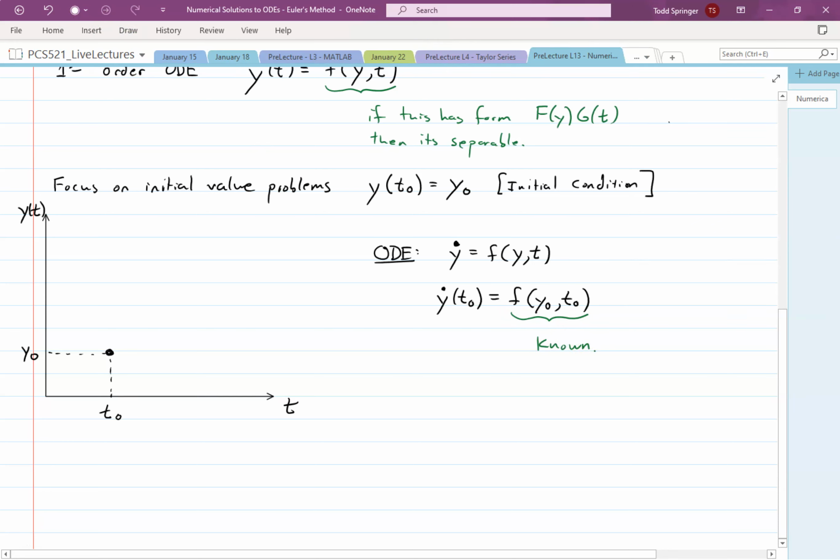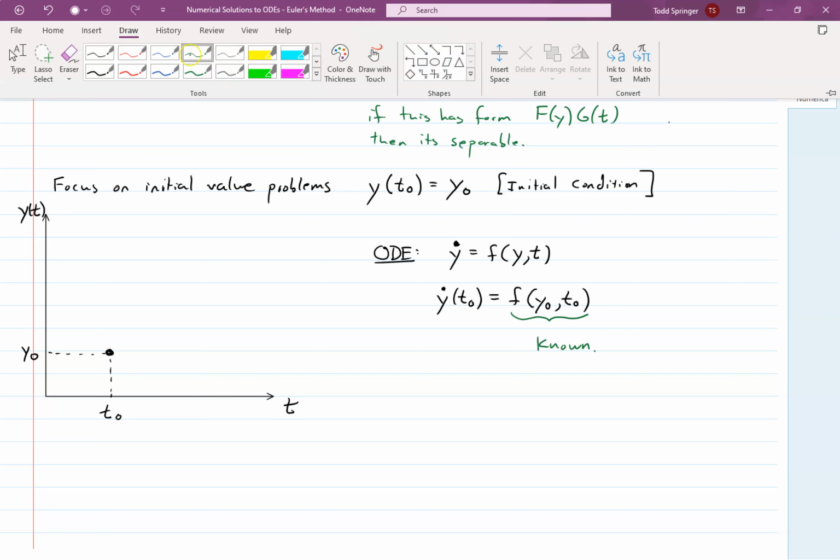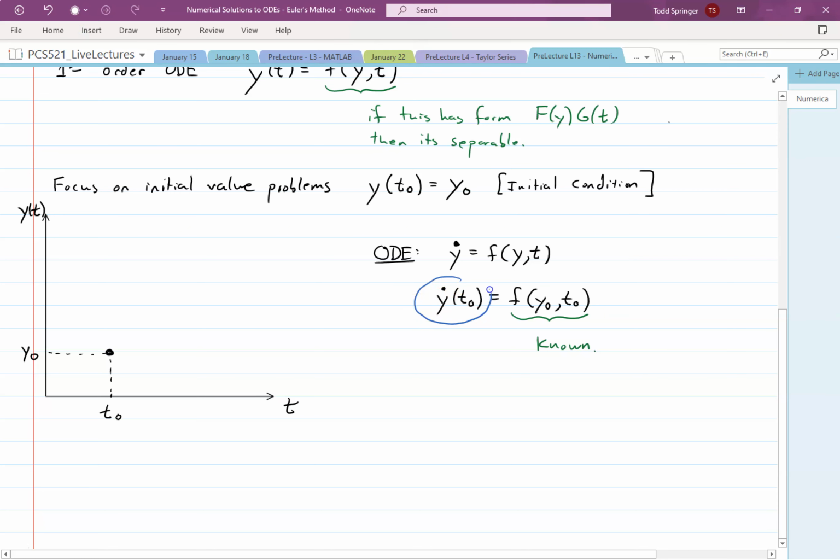So what is this equation telling us? Y dot evaluated at a certain point. What does that mean? The derivative of the function y at the point t0. The interpretation of this is the slope of the function y of t at the point t0.